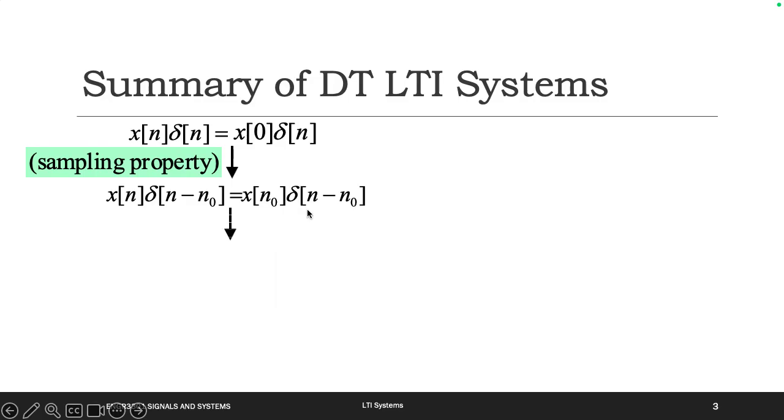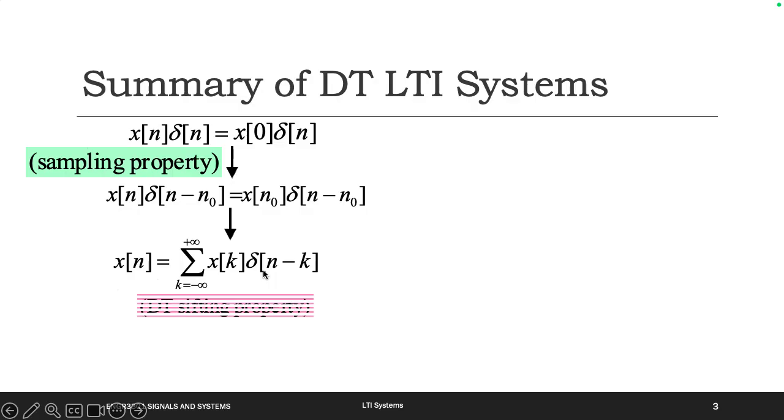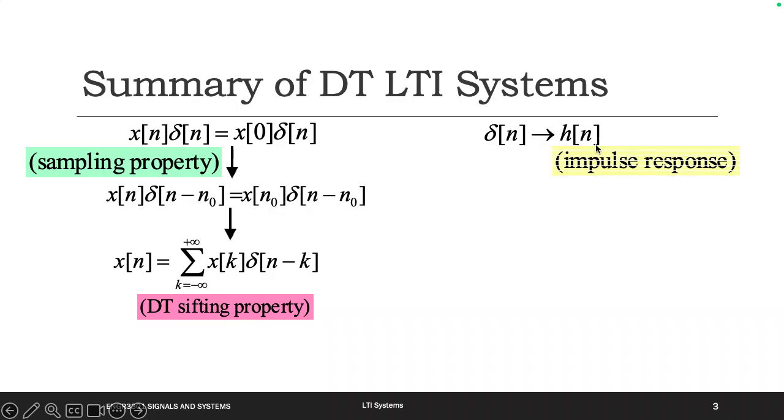Based on these equations, we can use this form to represent our input signal, and this is what we call the DT shifting property. And based on this, we also know that if the impulse function goes through the system, we can get the impulse response.